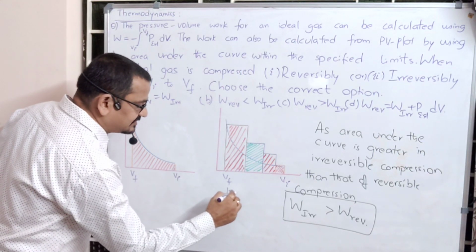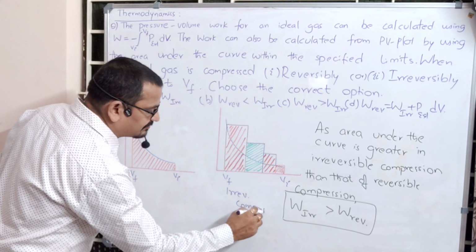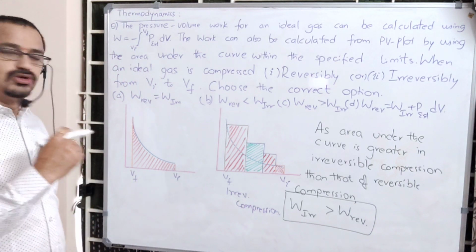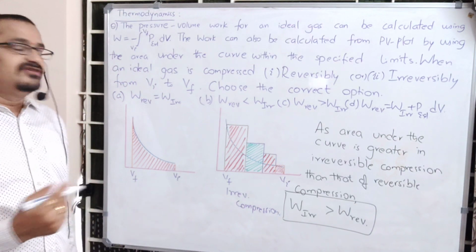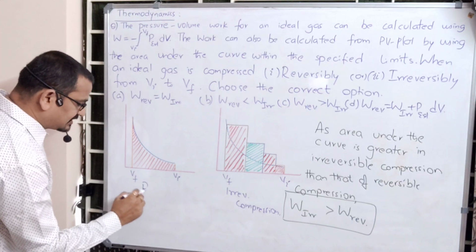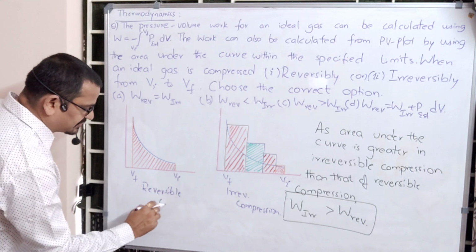Suppose this plot indicates irreversible compression, and this plot stands for reversible compression, which takes place in a large number of infinitesimally slow steps.